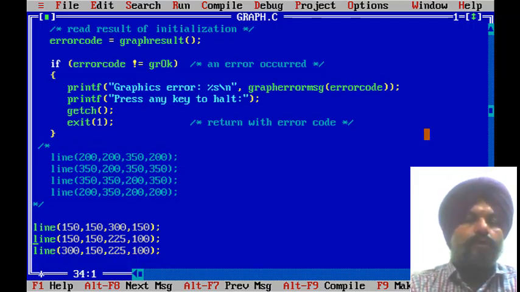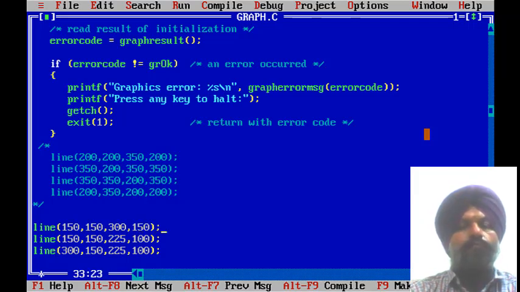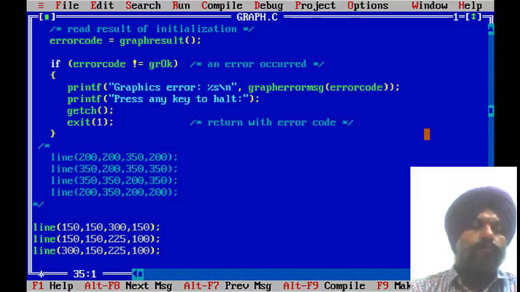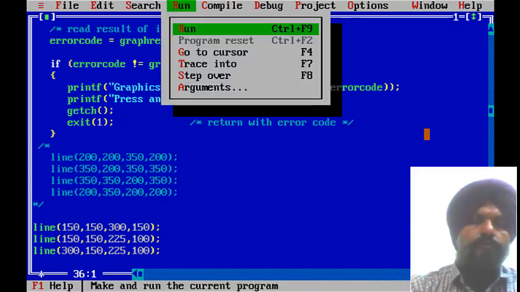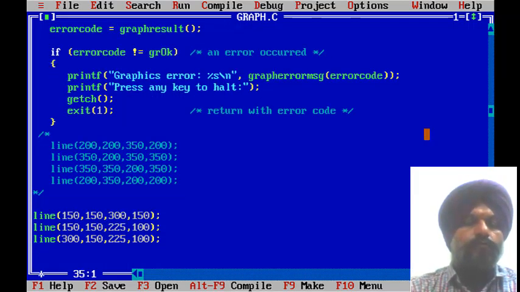So let's take an example. If I have this triangle that starts from 150, 150, 300, and I have to make the front of the hut, because if we take it, it is the roof of the hut. So the base of the triangle will remain the same, and by taking the base as the first line, we have to draw the square.